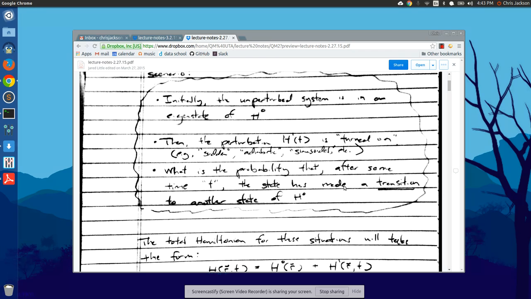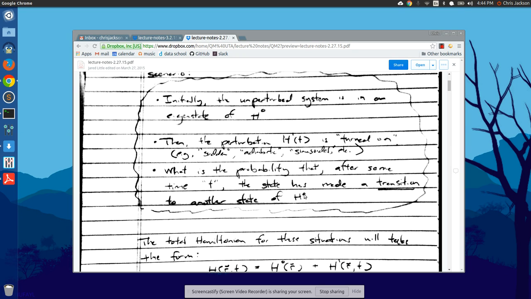The basic idea is that you have a Hamiltonian that you can split into a simple piece and a small piece, and the small piece has some time dependence, whether it's sudden, where you basically flip a switch and a perturbation comes on, or something more gradual like adiabatic, or sinusoidal. But the whole idea is that the time dependence of your Hamiltonian is all in the perturbation piece.